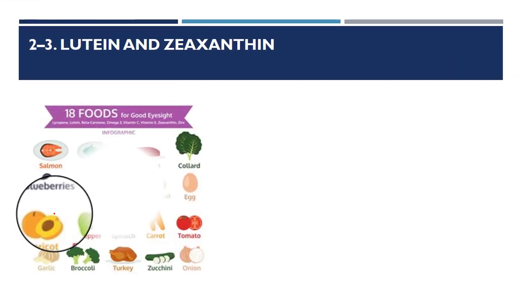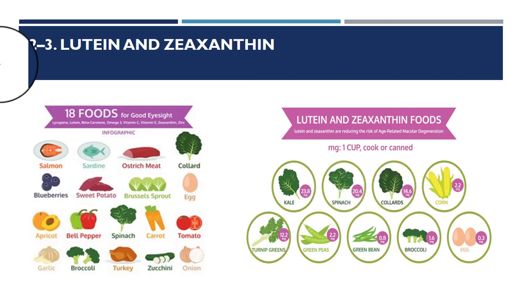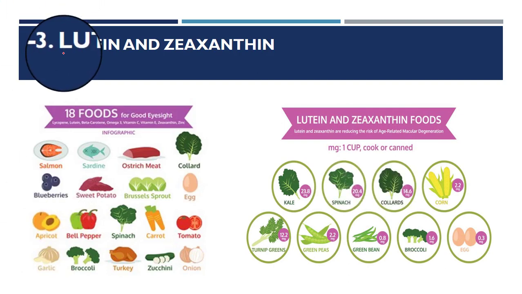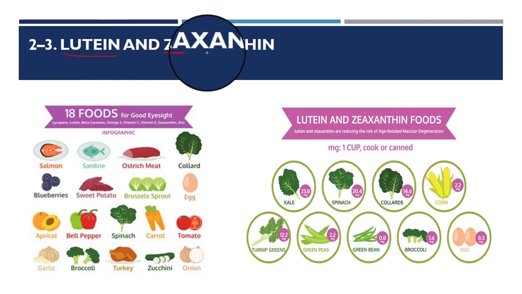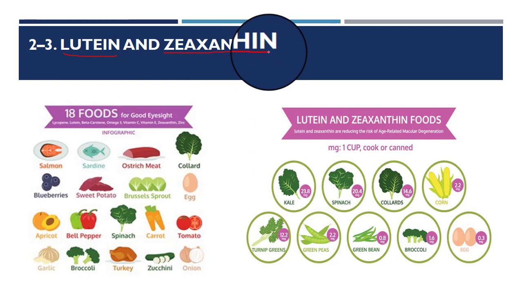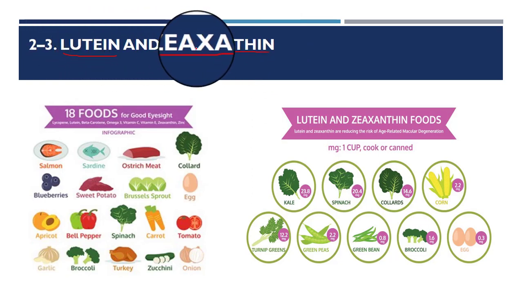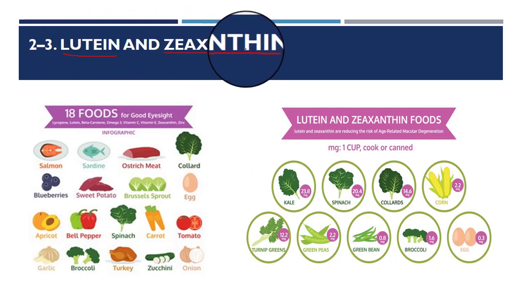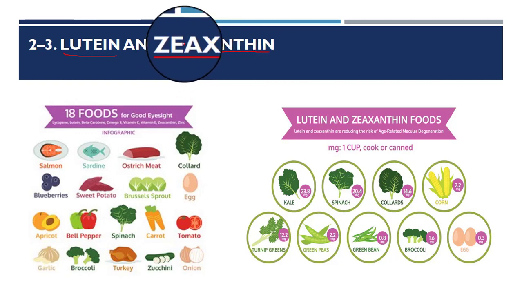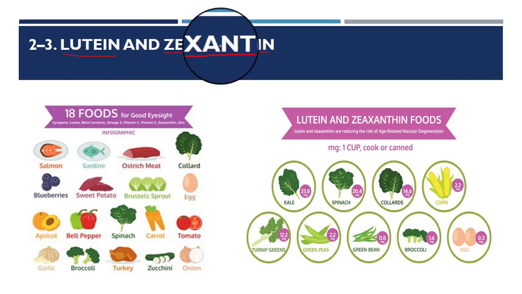Now next, the next 2 nutrients we will talk about here, second and third, that is lutein and zeaxanthin. So lutein and zeaxanthin are yellow carotenoid antioxidants, and they are known as macular pigments.